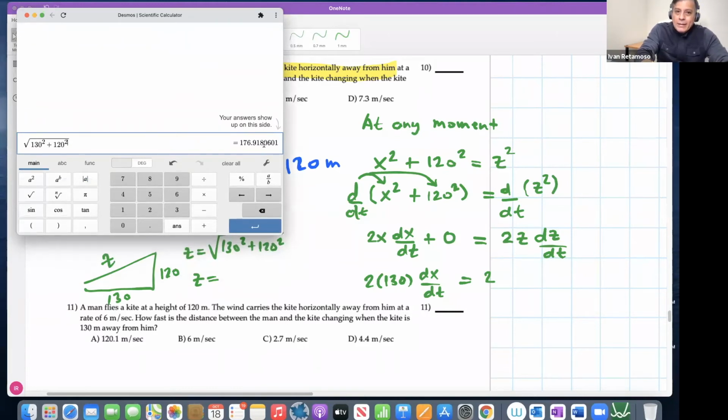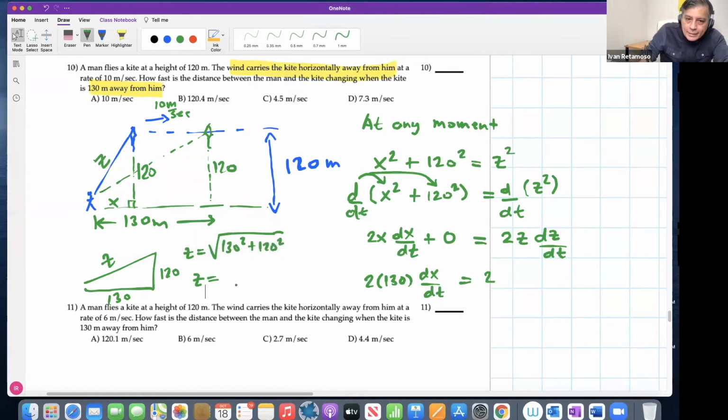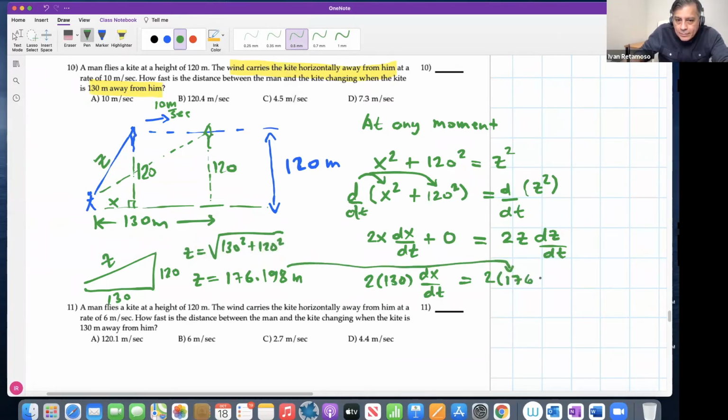Just to play it safe, I'm going to take 3 decimal places: 176.198. This is what I'm going to write here for Z. And the last one, dz/dt, I don't have.